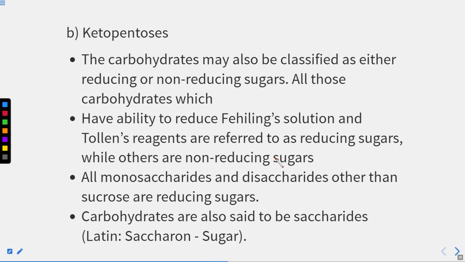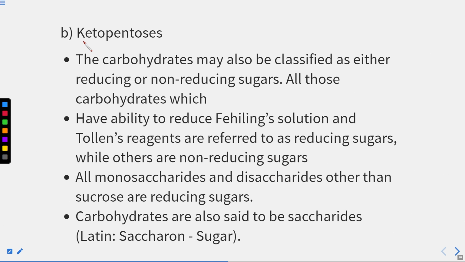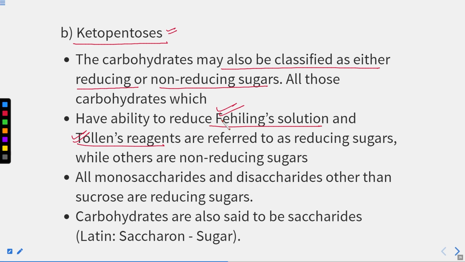So with this, let us study about the reducing sugars in detail. A carbohydrate may also be classified as either reducing or non-reducing sugar, depending upon whether they reduce the Fehling solution and the Tollens reagent. So these are the two reagents. If they are able to reduce these two reagents, they are called reducing sugars.